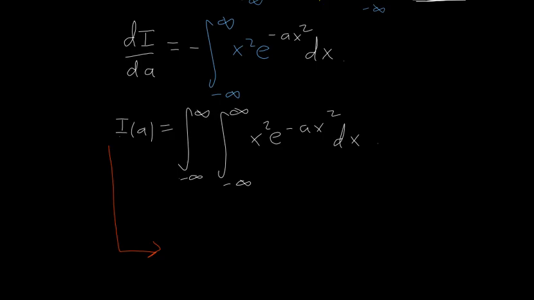I as a function of a is equal to the square root of pi over a.